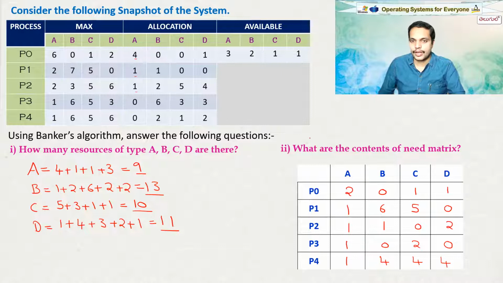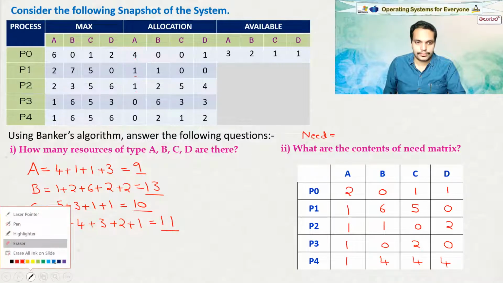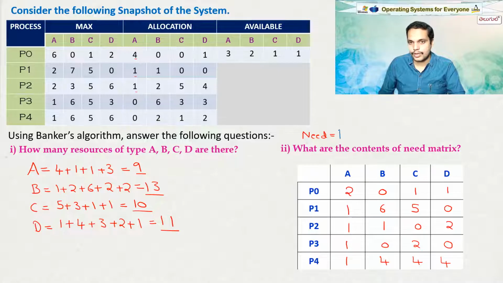If you remember correctly, you always calculate need as, oh sorry, let me put it this way. We calculate the need matrix in this manner: need is equal to max minus allocation.